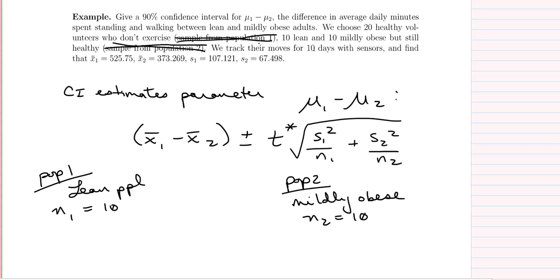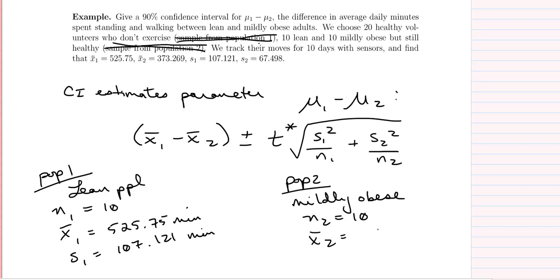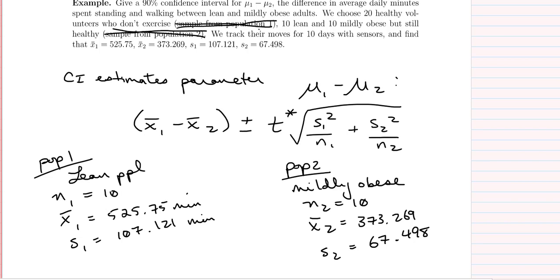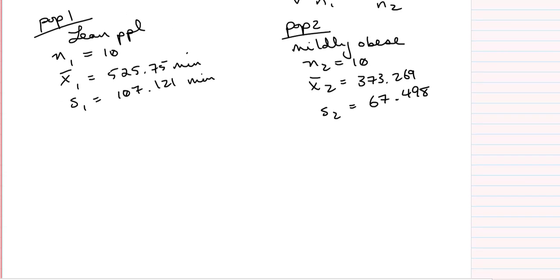We have a mean x bar 1 equals 525.75 minutes with a standard deviation s1 of 107.121 minutes. And x bar 2 is equal to 373.269 minutes, and s2 is equal to 67.498 minutes. We want to estimate their difference with 90% confidence.